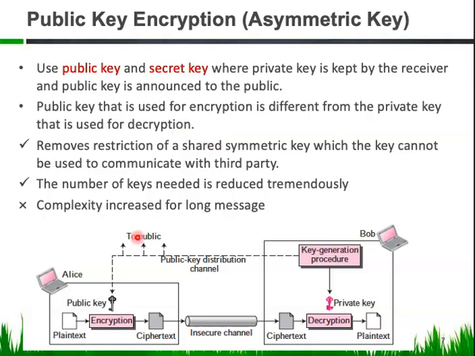So from here we can see the difference between public key encryption, which is asymmetric key, and the previous method that I explained, which is symmetric key. In symmetric key cryptography, the secret must be shared between two persons.